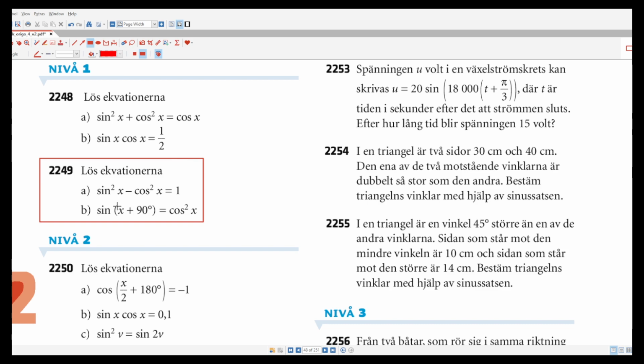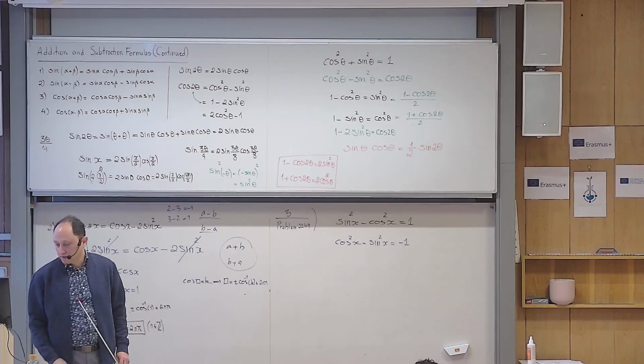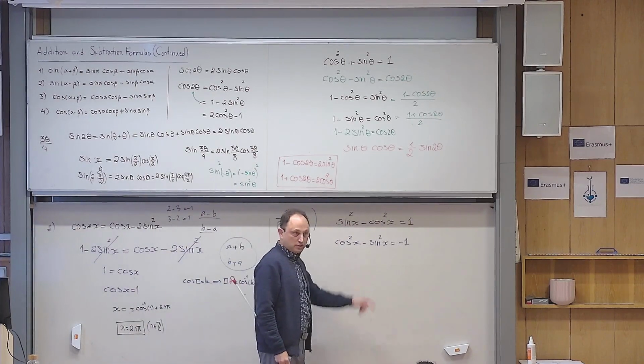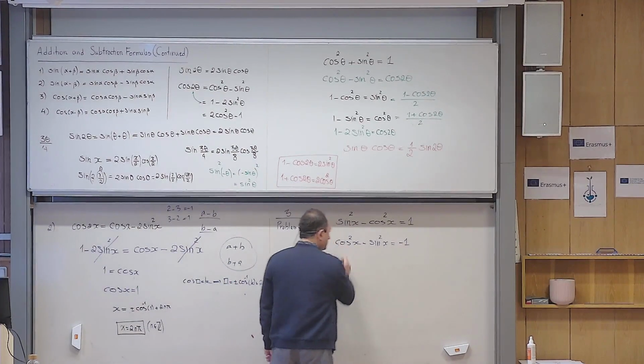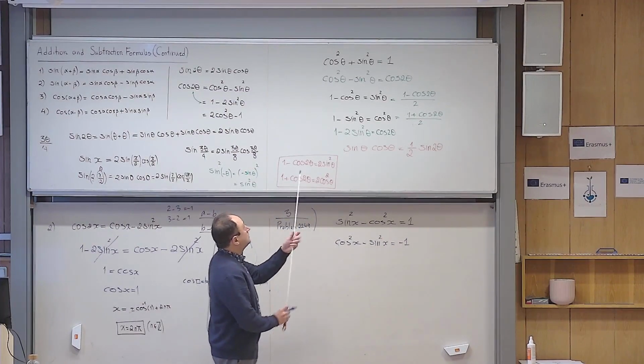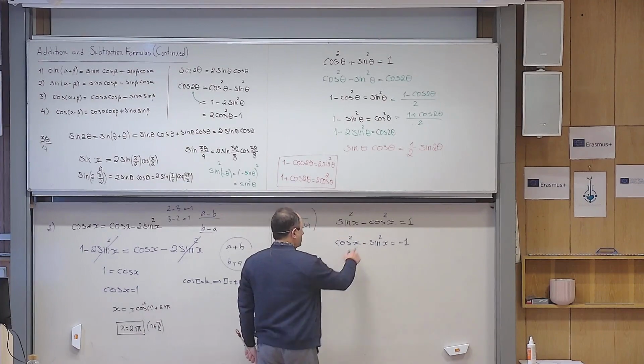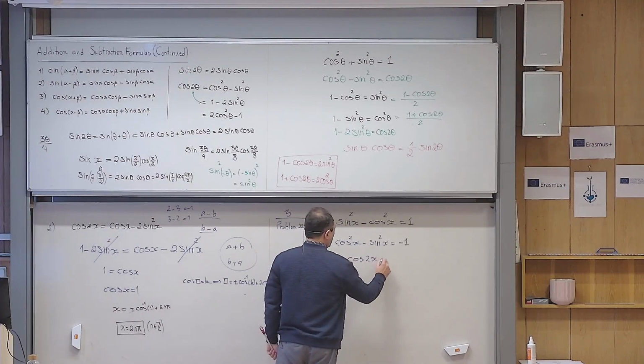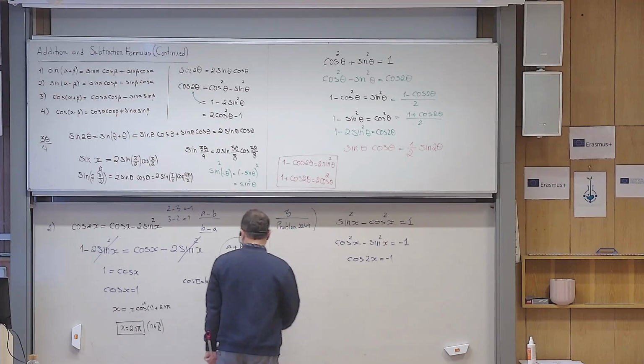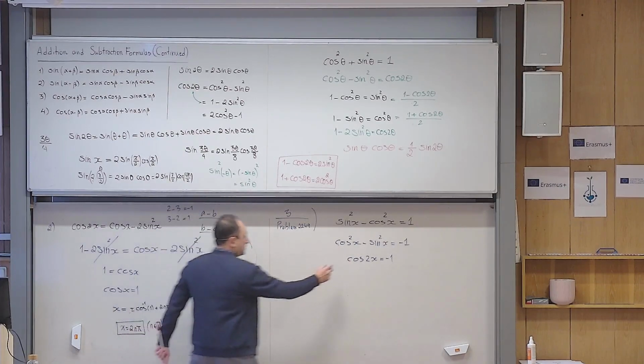Part A. So I multiplied everything by a negative sign. Yes, but now this is exactly the right combination, and then you see it on this line, and that is cosine 2x is equal to -1. Yes, and now that's exactly the formula you see here. This is the box.